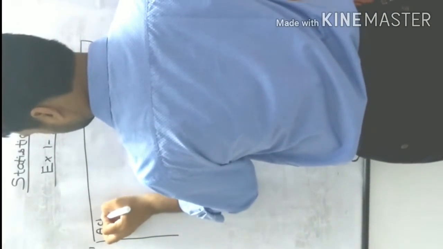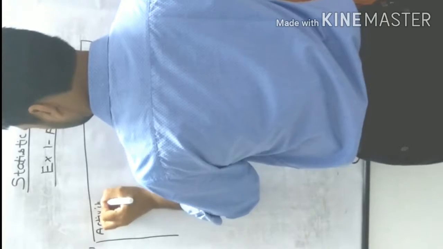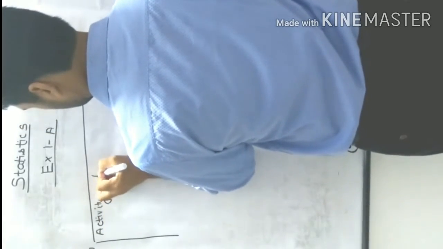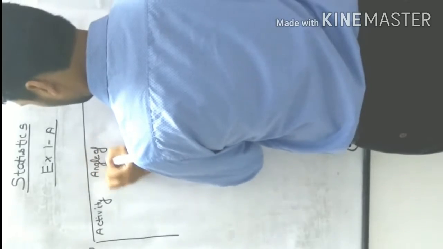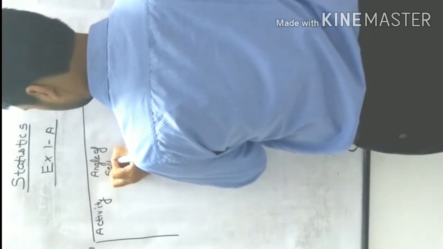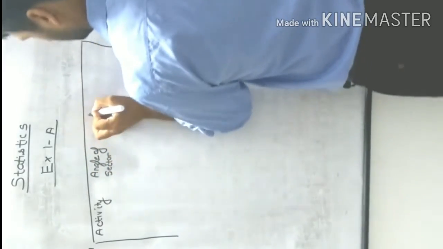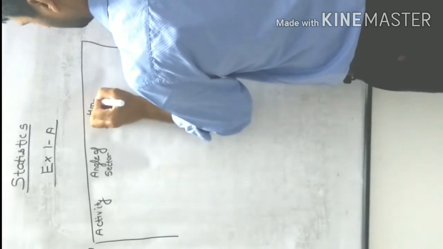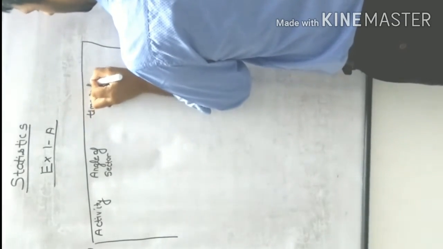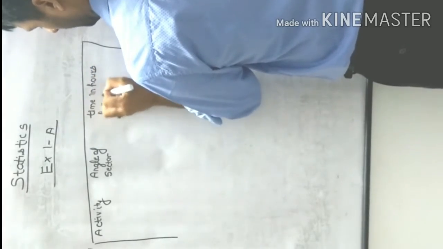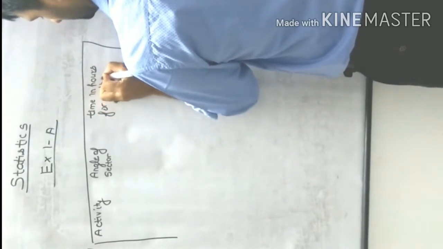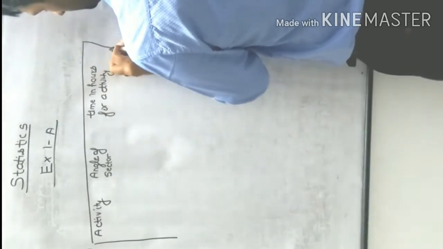Activity, angle of sector, time in hours for activity. Okay, make the column like this.